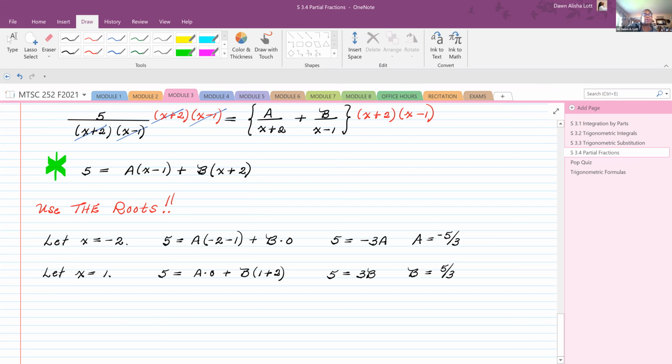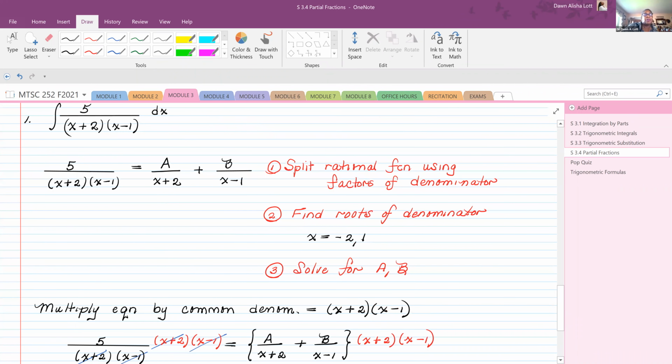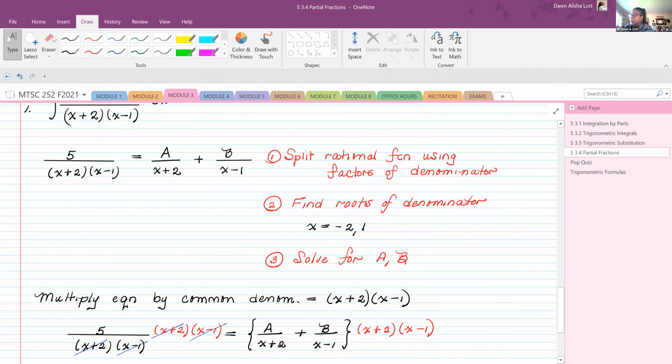Okay, let's go back to my original problem here. Before we get to the integral, we now are going to write out what this equals.